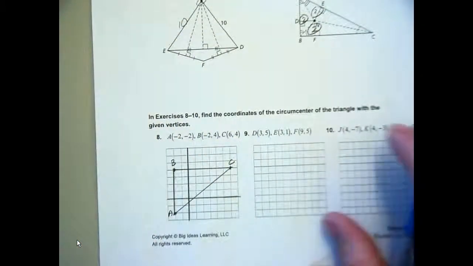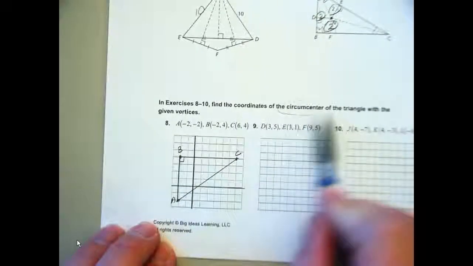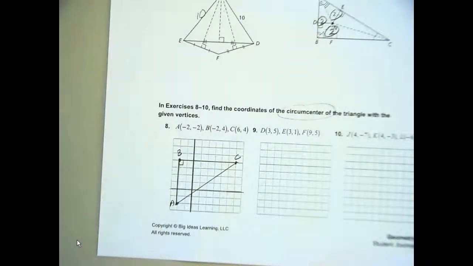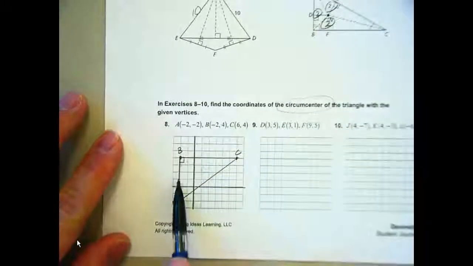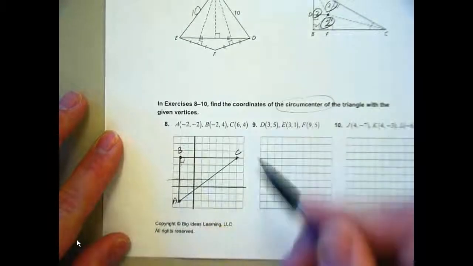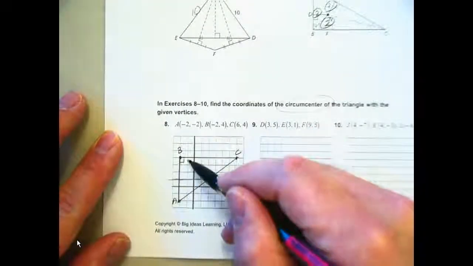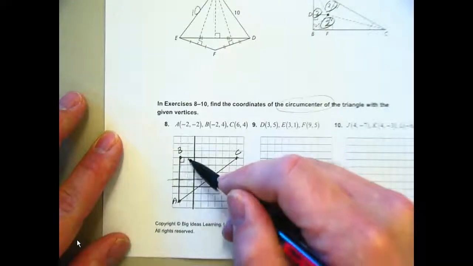All right, we've got ABC. This is a right triangle, makes it a little easier on us. We're finding the circumcenter. Remember, the circumcenter is which point? In order to find the circumcenter, we have to find the perpendicular bisectors. So we bisect each side. That's nice.